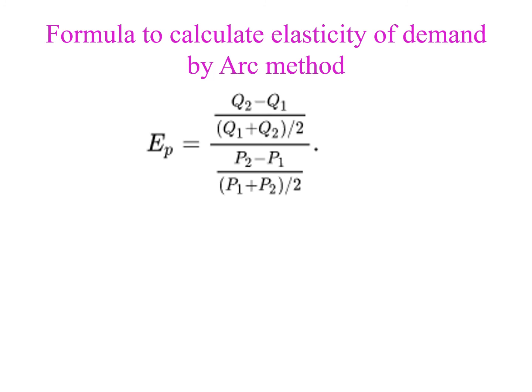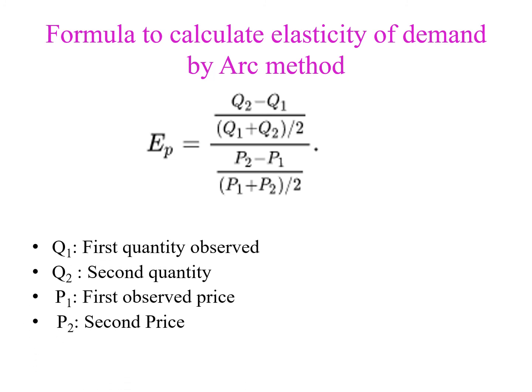This is the formula to calculate the elasticity of demand by the arc method, where Q1 is the first quantity observed, Q2 is the second quantity, P1 is the first observed price, and P2 is the second price. By putting in market values in this formula, you can easily calculate the elasticity of demand by the arc method. Then next are the factors affecting elasticity of demand.